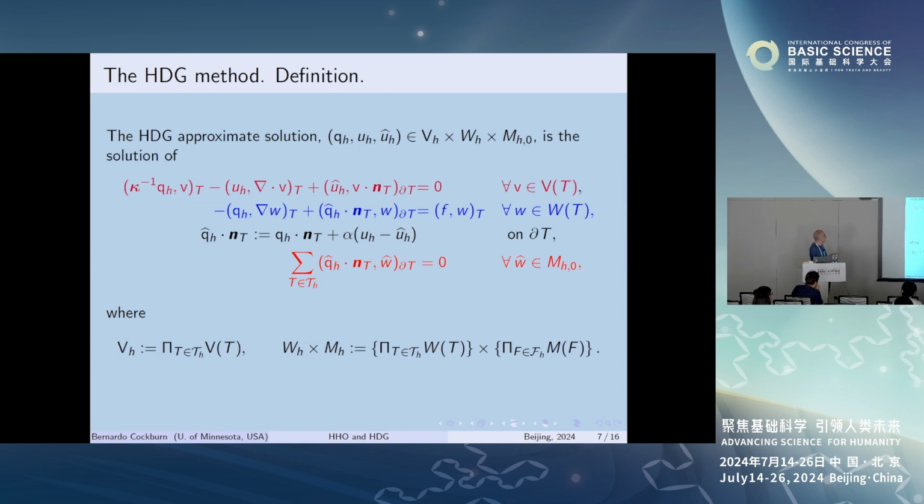Now, if you use this formulation, you can consider U hat to be data. Since this is data, this problem is a discrete version of a Dirichlet problem. Then you can write Q_h and U_h in terms of U hat. Once you have that, you know that this depends on U hat only.